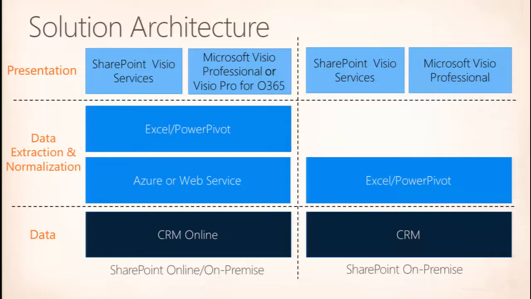So in order to solve this, this is where your dev is going to come in. Because if you have CRM Online, you're going to need to have a dev in the middle. The dev in the middle is essentially going to write a proxy for CRM Online, and that's that middle tier, Azure or web service.